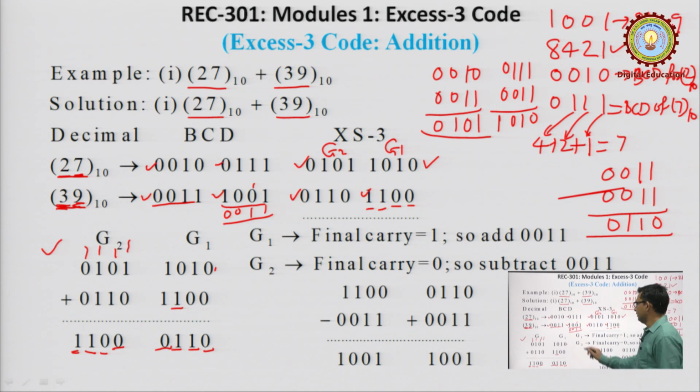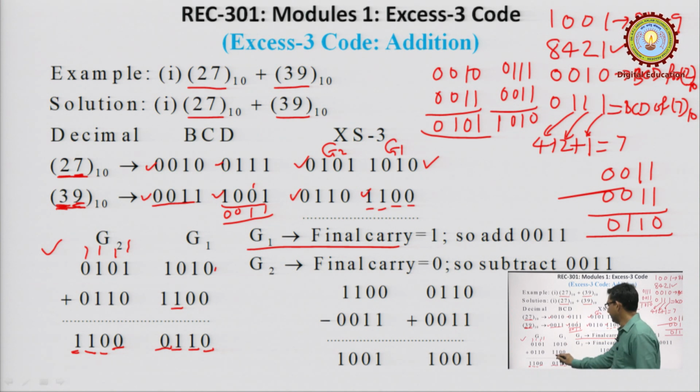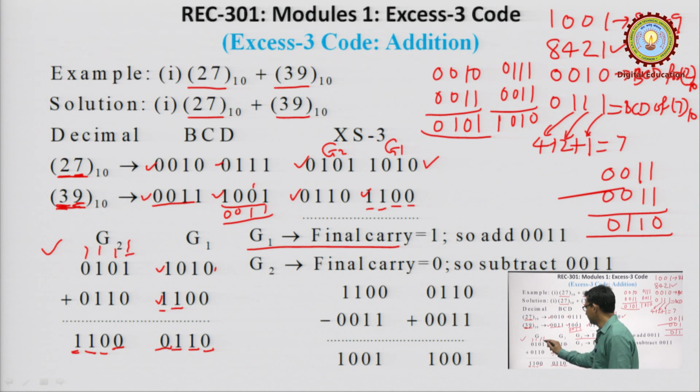So, from the G1 group, the final carry we get when we add 1 plus 1, where the sum is 0 and 1 carry is produced, is this one.